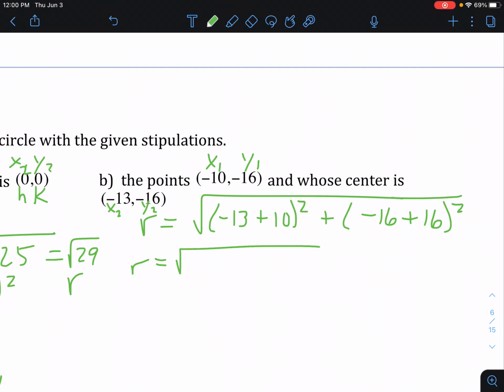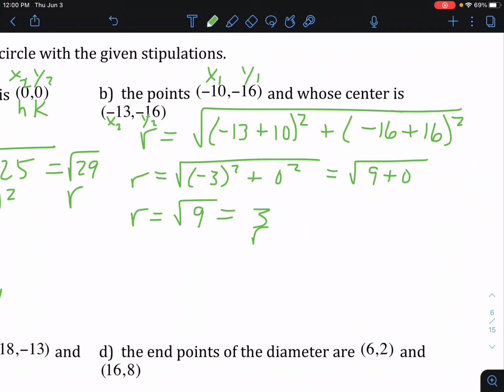All right, negative 13 plus 10 is negative 3. And then negative 16 plus 16 is 0. Now we're going to square those numbers. Negative 3 squared is 9 plus 0. And that'll be square root of 9, and that's going to be 3. So our radius is 3.